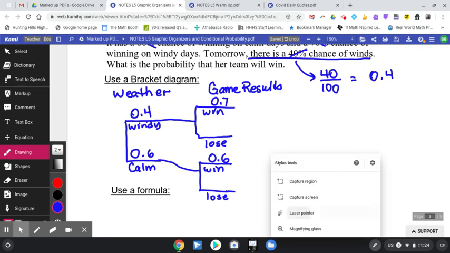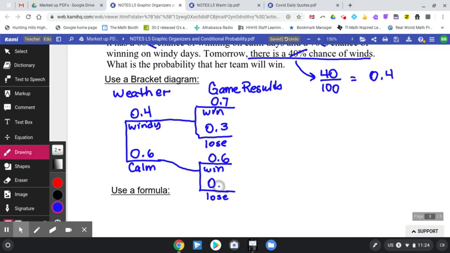So using the complement, if there's a 70% chance of winning on a windy day, that means that there would be a 30% chance of losing on a windy day. And we were told there's a 60% chance of winning on a calm day. Well, if they win 60% of the time, that means they lose 40% of the time on a calm day.